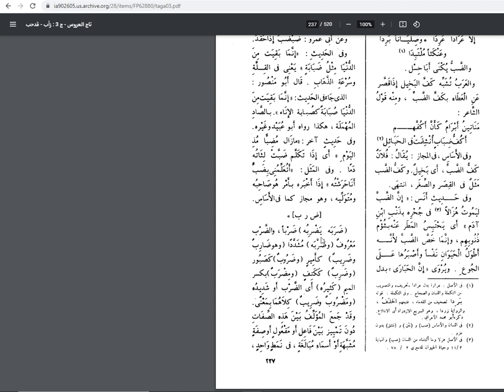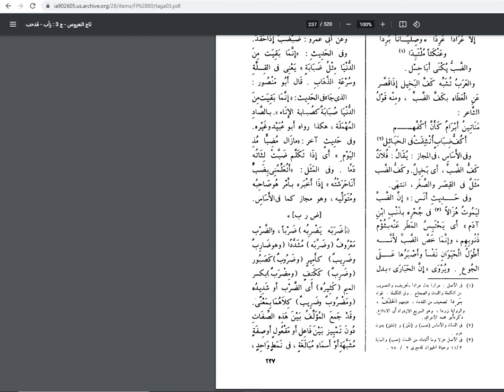So here we have Darabahu, Yadribuhu. The words that we see in the parentheses are taken from القاموس المحيط by al-Fayruzabadi. The words outside of the parentheses are the words from the author of Taj al-Arus, al-Zabīdī. As we know, the work Taj al-Arus is a commentary on the work القاموس المحيط.